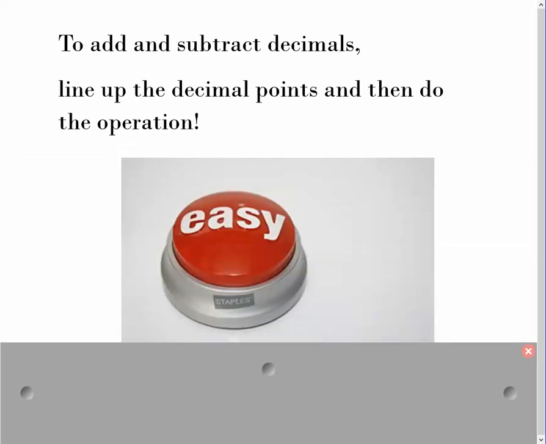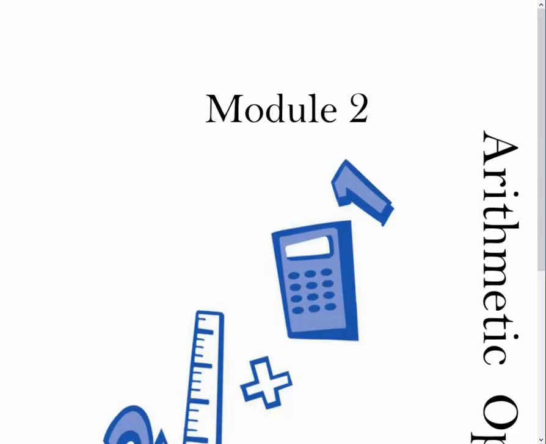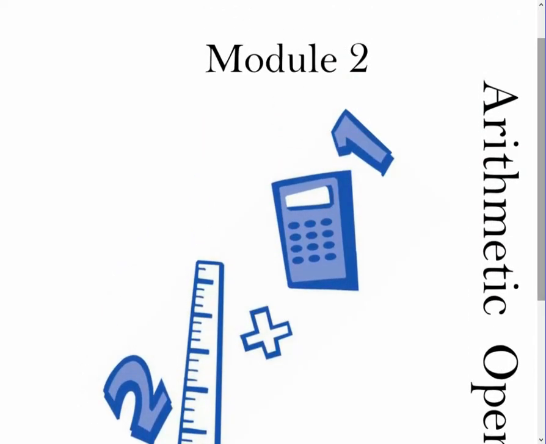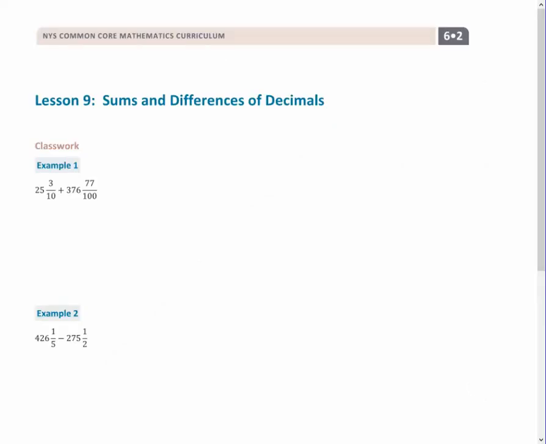That was easy. Yes, it was. All right, so let's now flip to our modules. This is the beautiful cover of Module 2. So beautiful. When you're done admiring that, please go to the first lesson, which is a few pages in, because you have some reference material in the front of your module.